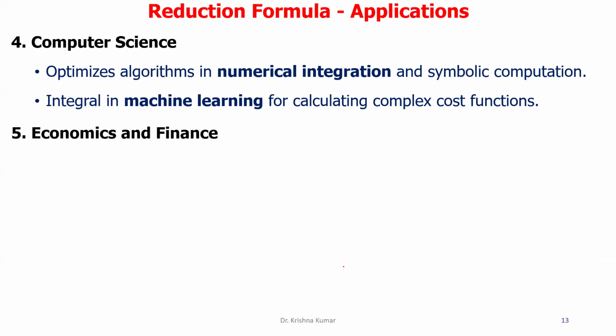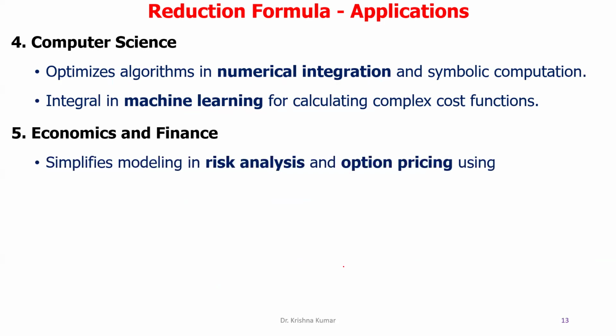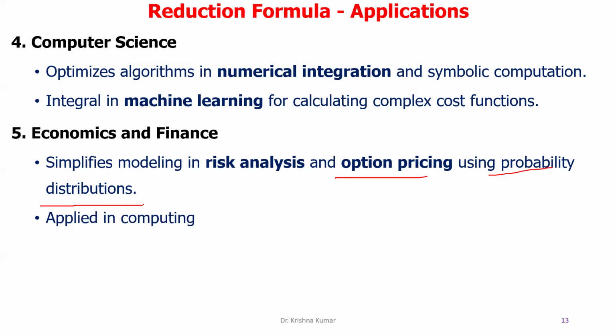The fifth one is in economics and finance. The reduction formula simplifies modeling in risk analysis and option pricing using probability distributions. Similarly, it is applied in computing moments in econometric models.